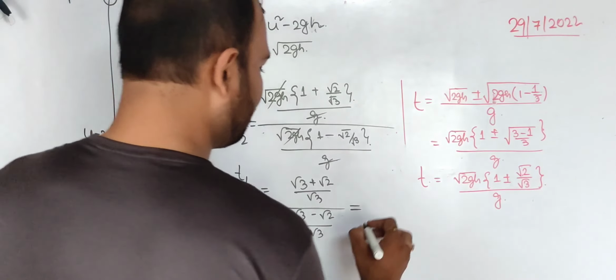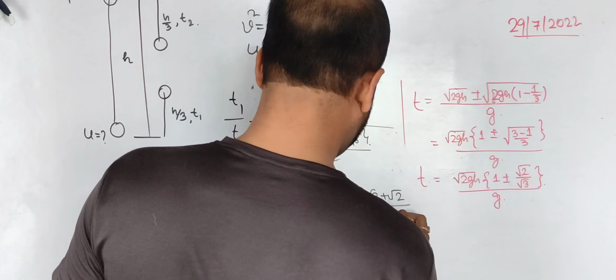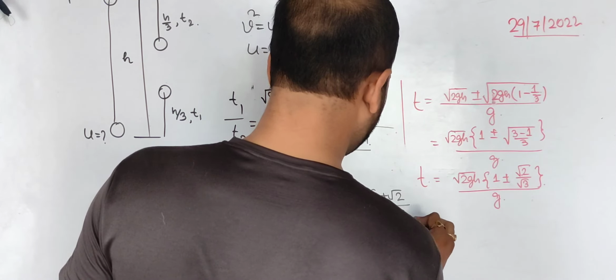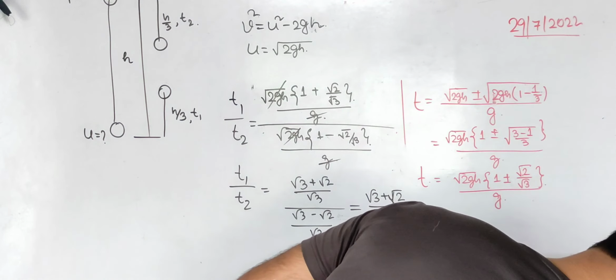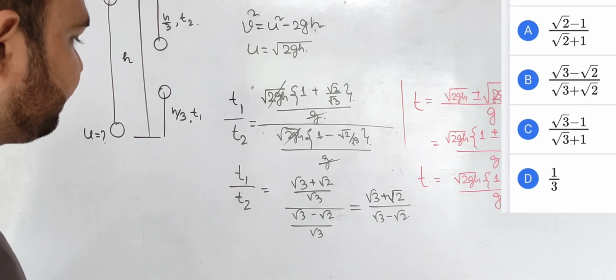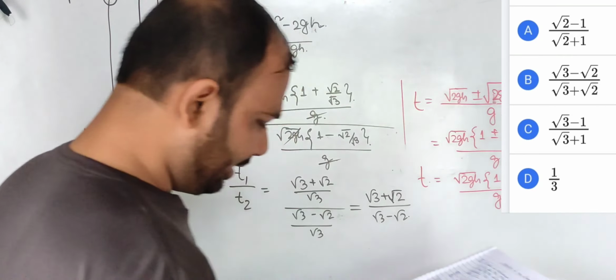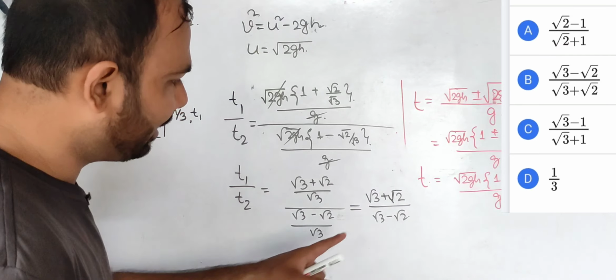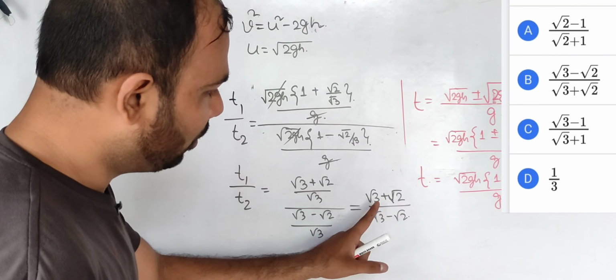Root 3 cancels out, so root 3 plus root 2 over root 3 minus root 2 is the ratio. Let me see. Option B. Actually, option B is root 3 minus root 2.